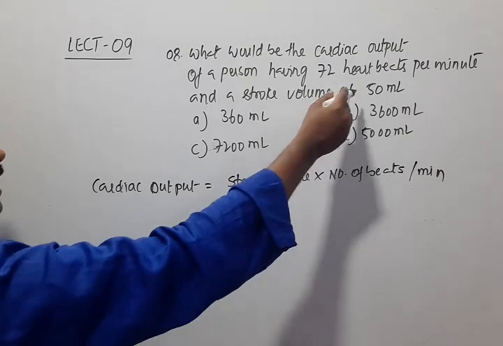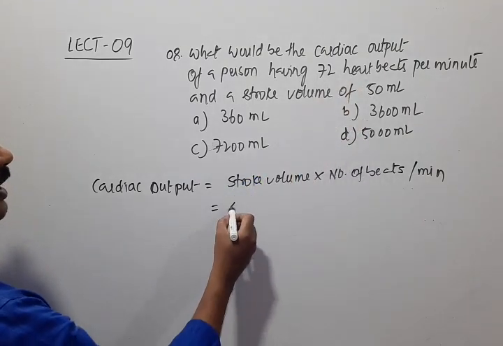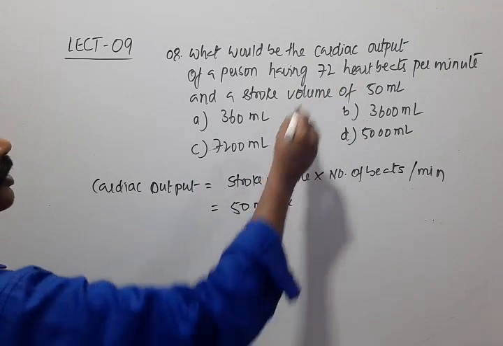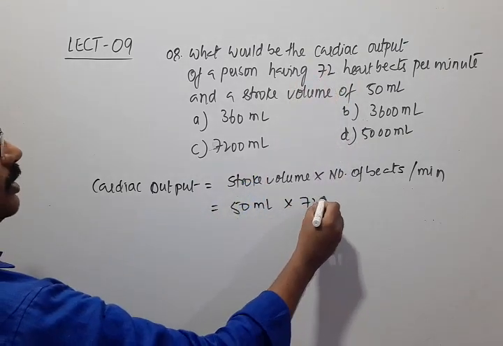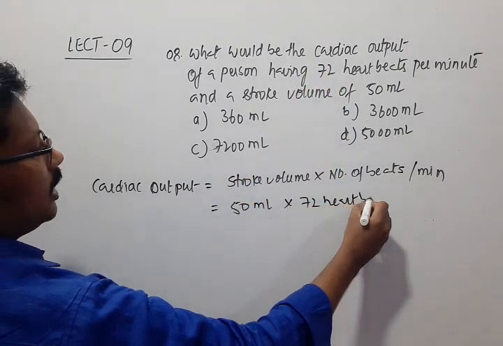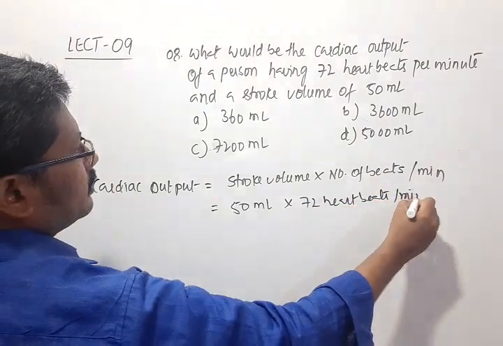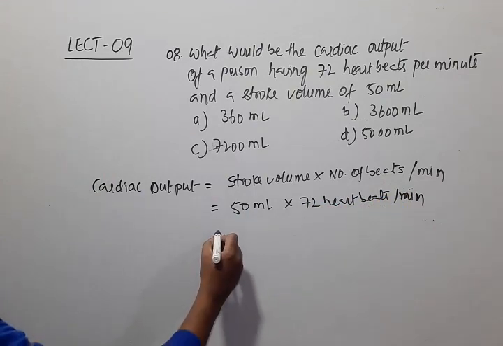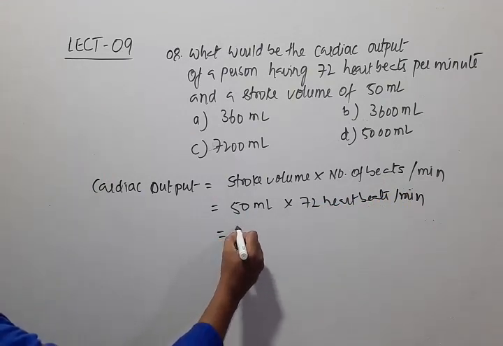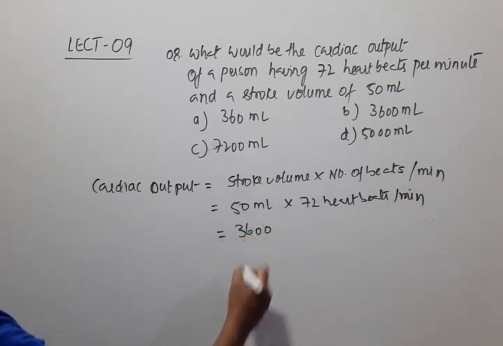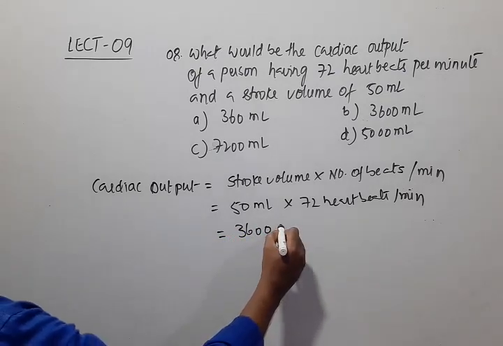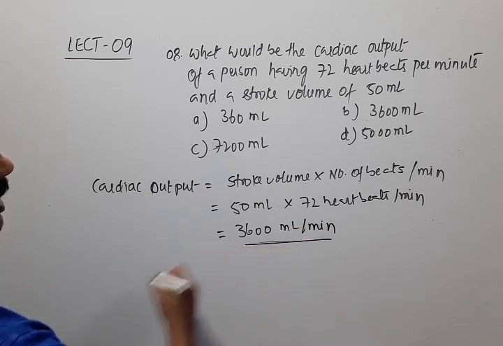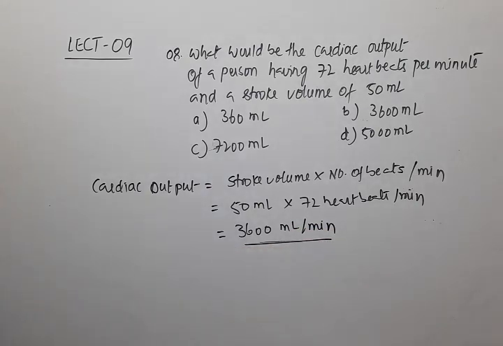Here they have already given the stroke volume, that is 50 ml, into 72 heartbeats per minute. So 50 into 72 will give you a value of 3600 ml per minute.